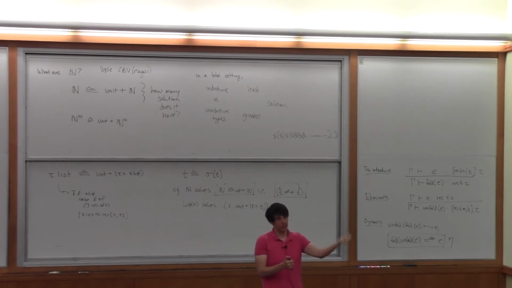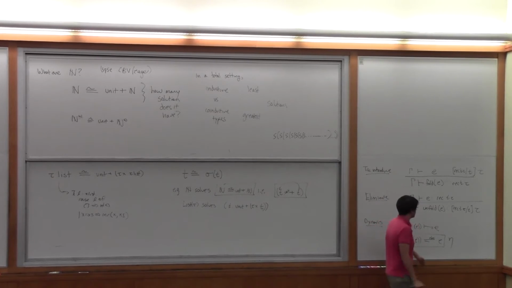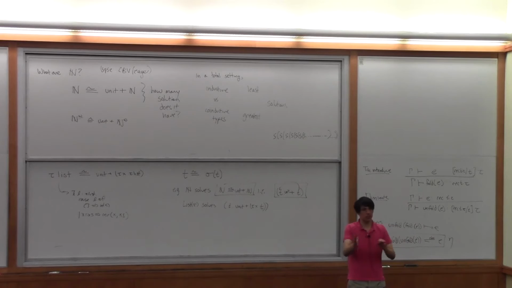Essentially, for the inductive types, what you say is they're constructed by exactly this kind of fold, and they're eliminated by something that gives you structural recursion for natural numbers, structural recursion for lists, structural recursion for trees, all in one go. For co-inductive types, you essentially say you can unfold them, and they're introduced by something that's sort of dual to structural recursion, which is a generation principle for co-inductive types.